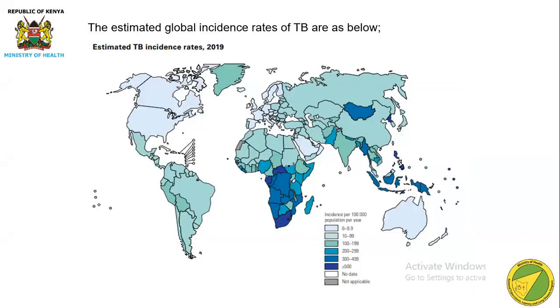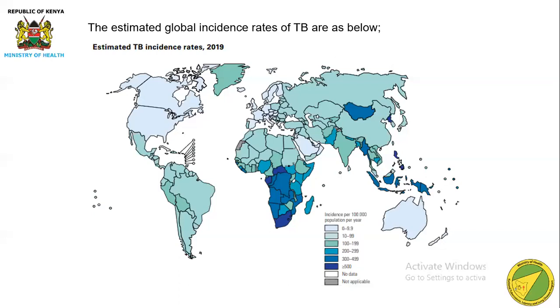So this indicates the estimated TB incidence rates in 2019 globally. As you can see, Kenya, we are notifying about 200 to 299 per 100,000 population in terms of estimates of TB.